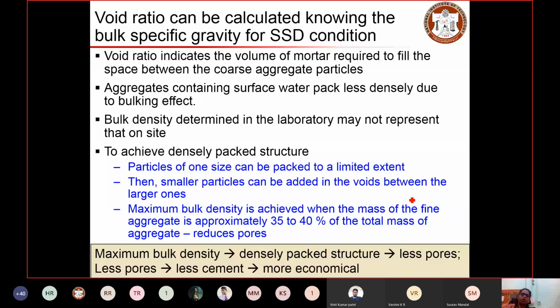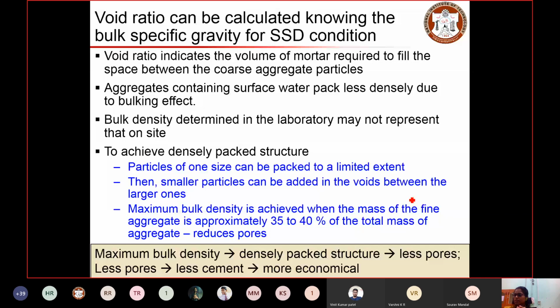If you know the bulk density of the aggregate based on the surface saturated conditions, where all the pores are filled by water, we can calculate the void ratio. That indicates the number of voids present between the particles, which will give an idea of how much cement is required to fill those voids to get the complete concrete matrix.